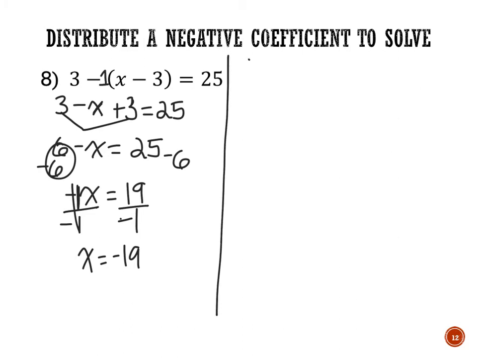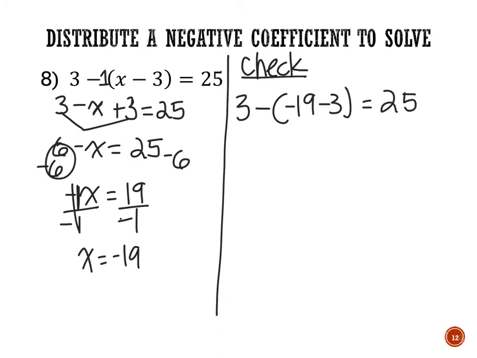To check my problem, we'll fill in negative 19 for x, so 3 minus negative 19 minus 3 equals 25.